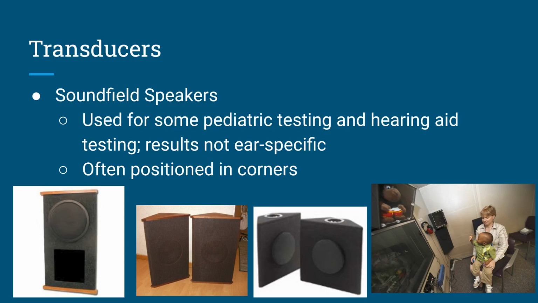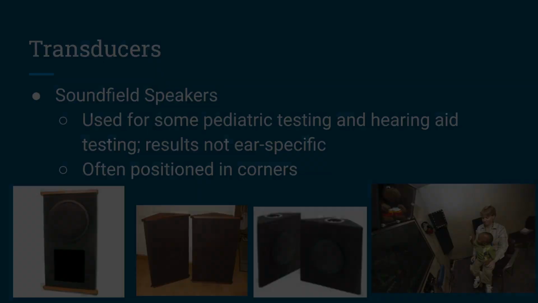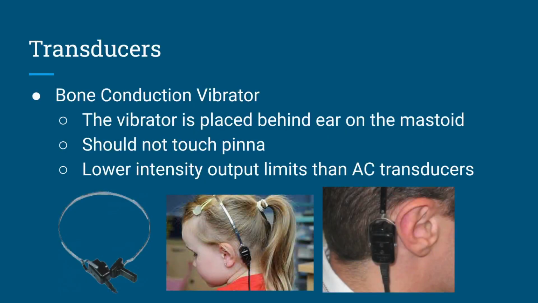Ideally, pediatric patients would be tested with insert earphones, but that doesn't always work out in practice when they're too young, or when they have hypersensitivity to touch. Children with autism, for example, may not always tolerate headphones. They may be resistant to it.